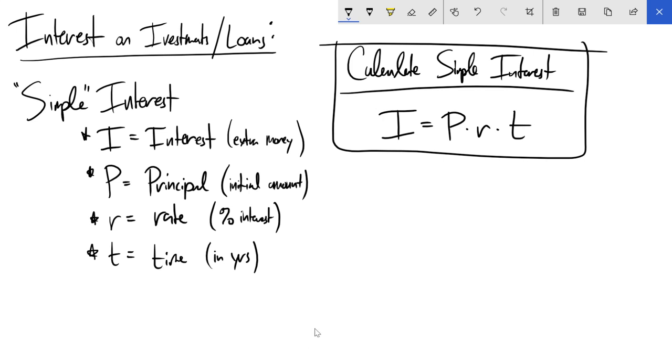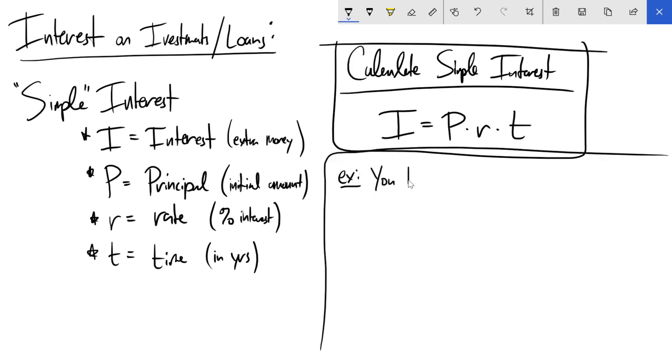Now, if you went to the bank, they're probably not going to offer you a simple interest loan. But let's say, for example, that you borrow money from your parents. Not everybody can borrow money from their parents, but let's say somebody does.